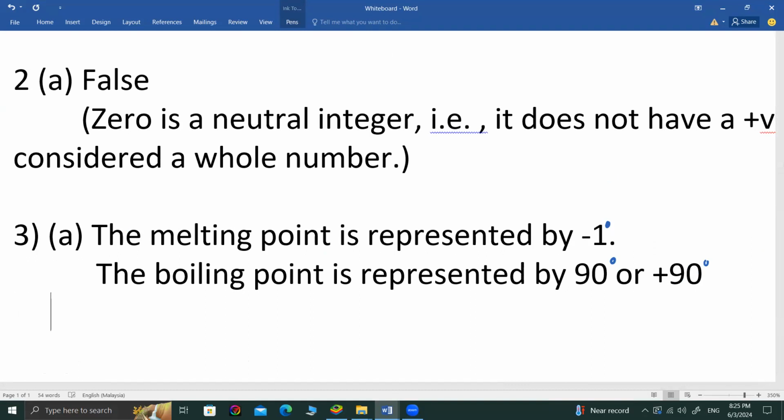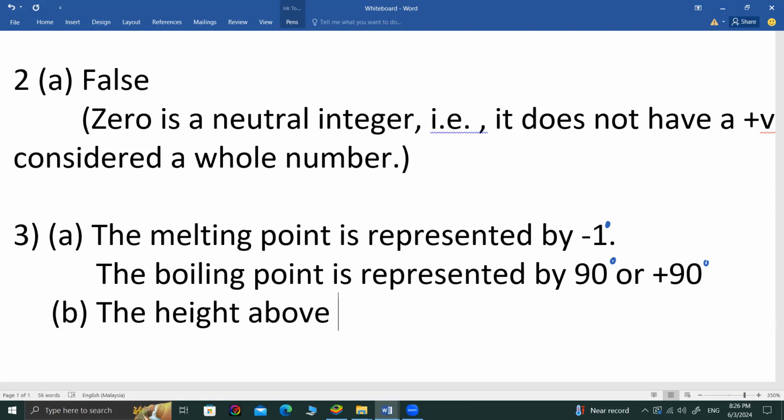What is the answer for B? A bird is flying at a height of 50 meters above the ground. So you say the height above the ground. No need to say the bird already, we mentioned about the bird.